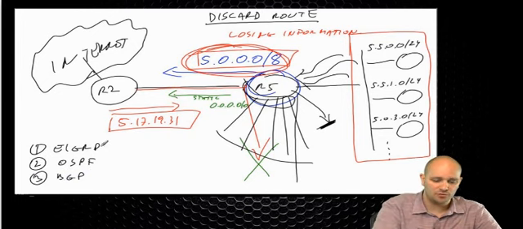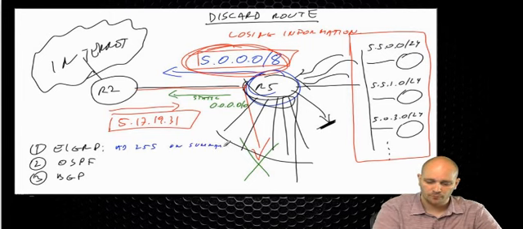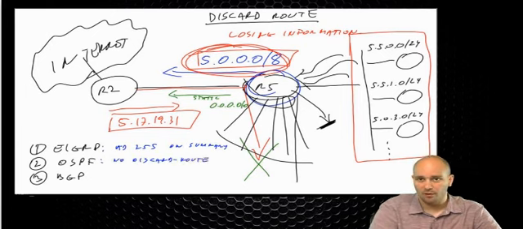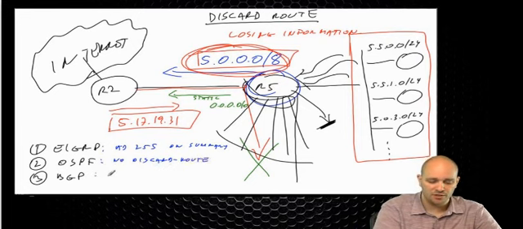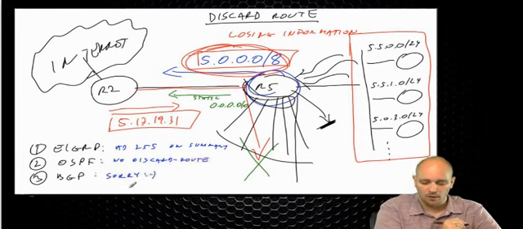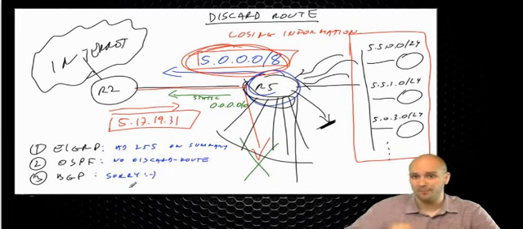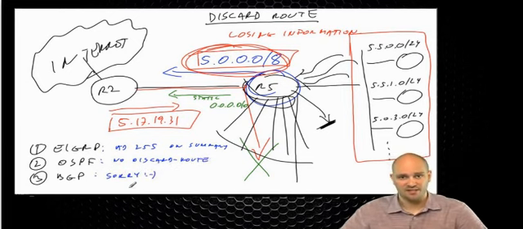Now, if you want to get rid of it in EIGRP, it would be admin distance of 255 on summary. In OSPF, it will be no discard route under the OSPF process, and for BGP, sorry, you will always have it. So you cannot disable it for the aggregate address that is created.